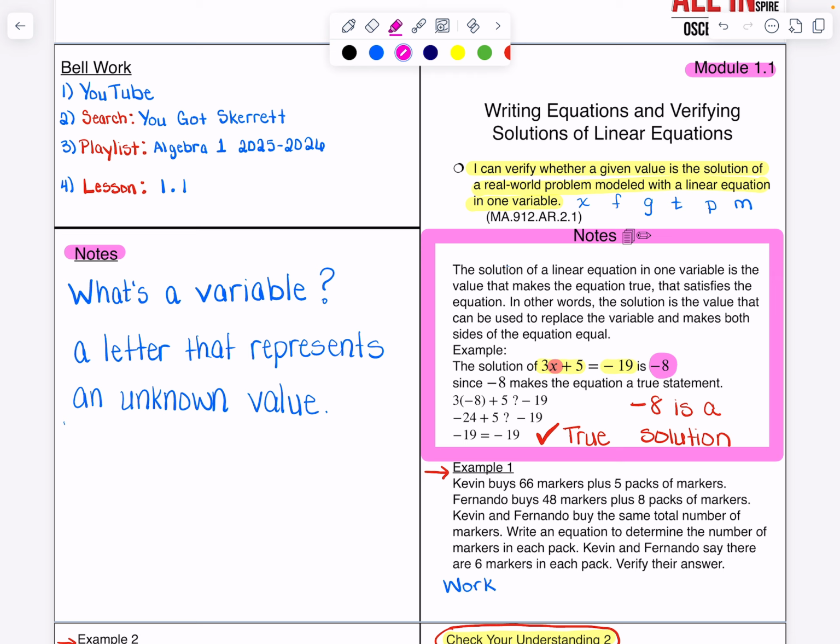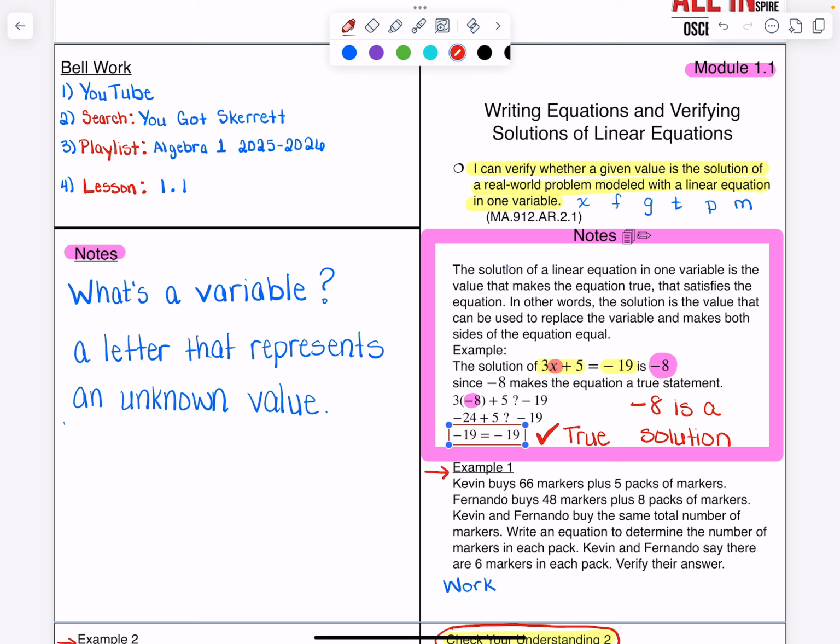Underneath it says 3 times negative 8 plus 5, does it equal negative 19? 3 times negative 8 is negative 24. Negative 24 plus 5, does that equal negative 19? And the answer is yes, it does. Negative 19 on the left side is equal to negative 19 on the right side.